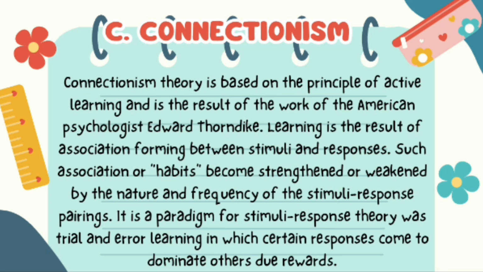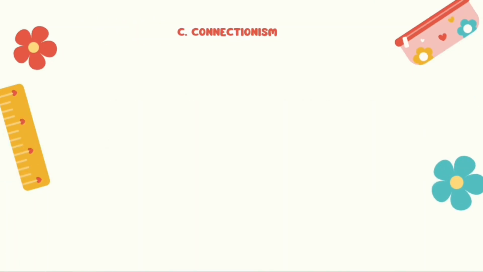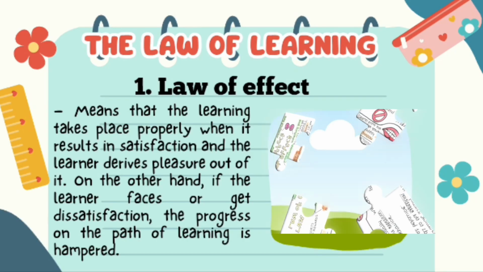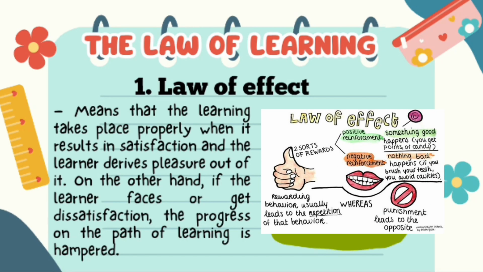Okay, now let's talk about the law of effect, which is one of Thorndike's laws of learning. This law means that learning happens best when the result of an action gives satisfaction or a positive feeling. In other words, if a learner feels happy after doing something, they are more likely to do it again.